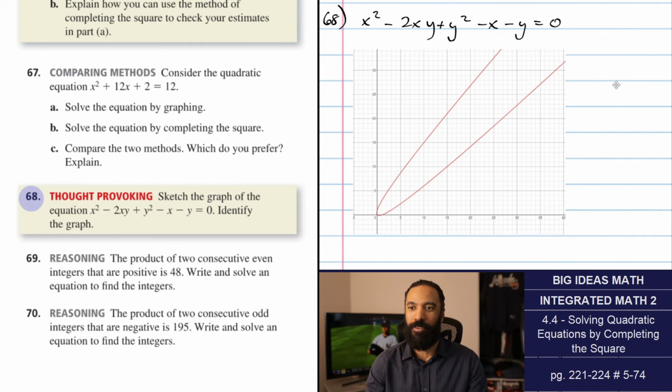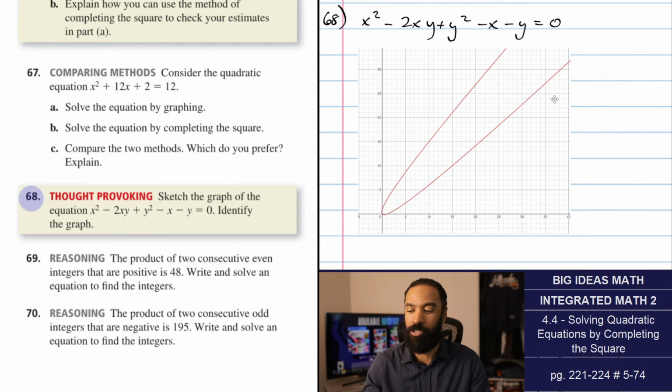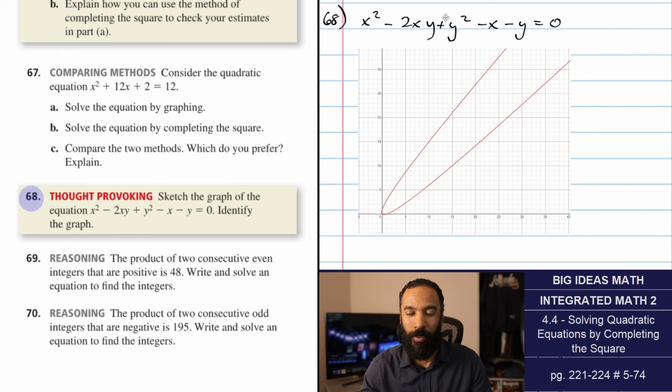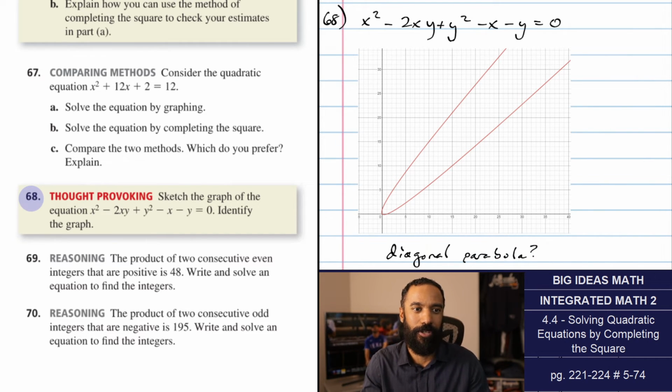Yeah, I don't know what I would have done to make that work in a completing the square method. All I can tell you is that there's this perfect square trinomial that exists right there. I don't know if you were aware of that when I wrote it, but yeah, totally. Identify the graph. I don't know, diagonal parabola? Sure. I don't really know what to do with that problem.